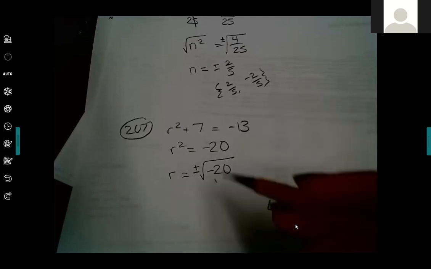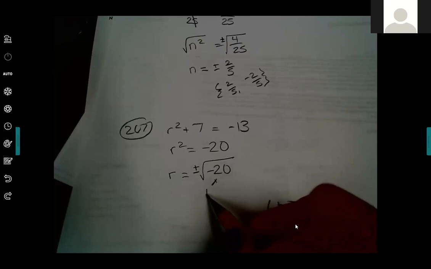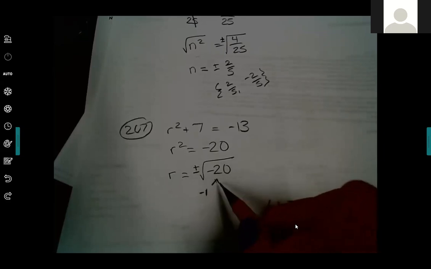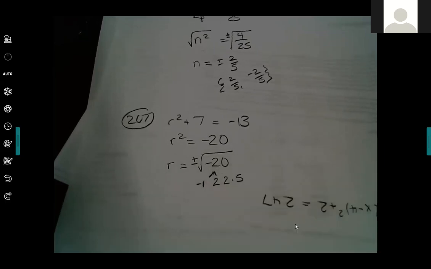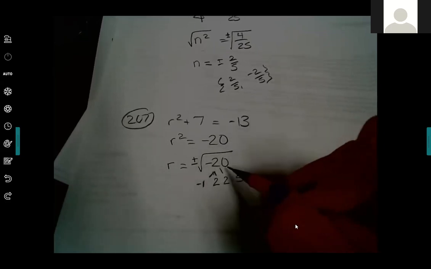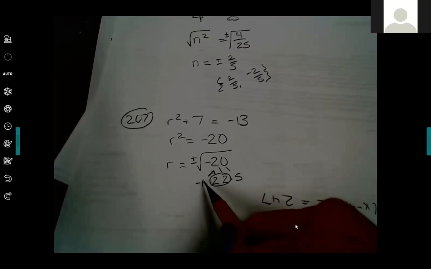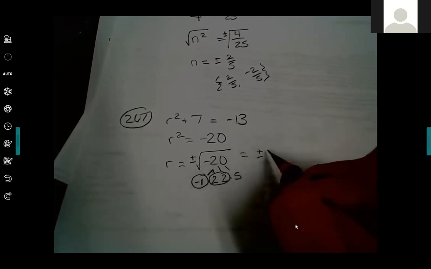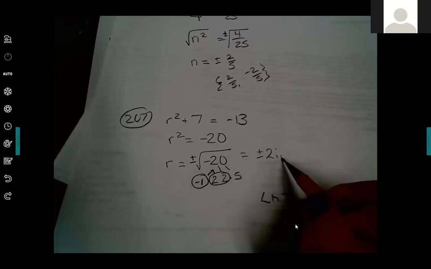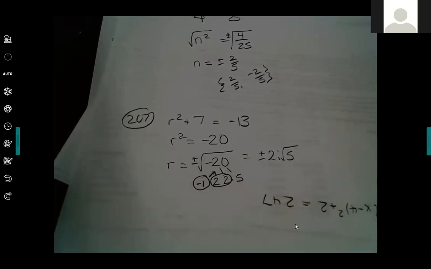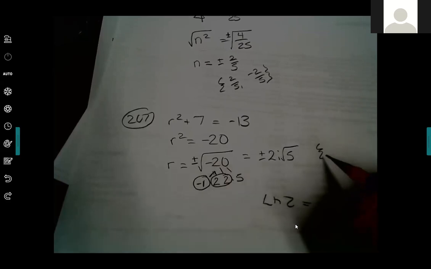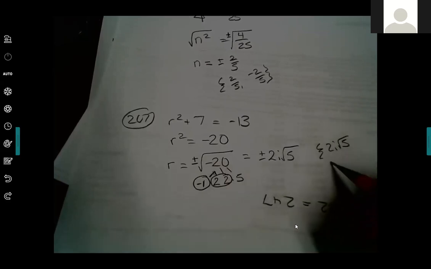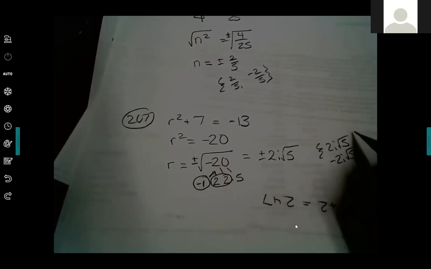It's obviously going to be i, but what would that square root be? Negative 1, and 20 is 2 times 10, and 10 is 2 times 5. See what I just did? I can pull out a 2, and I can pull out an i. Or do you just always pull out the i? Always, if there's a negative, you pull out an i. So my two answers are 2i square root of 5, negative 2i square root of 5.